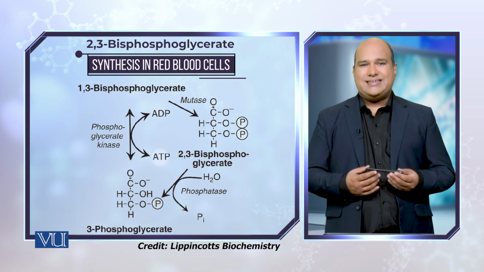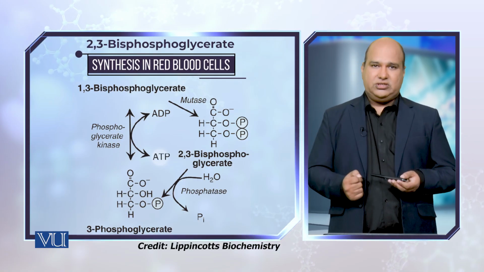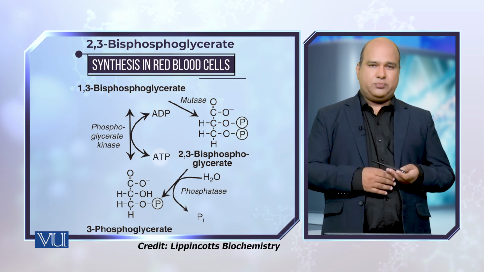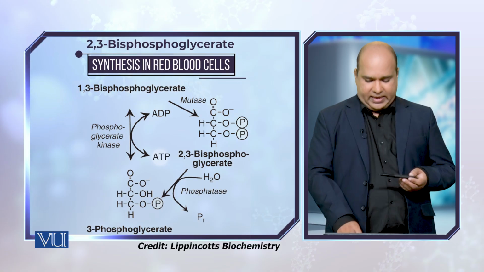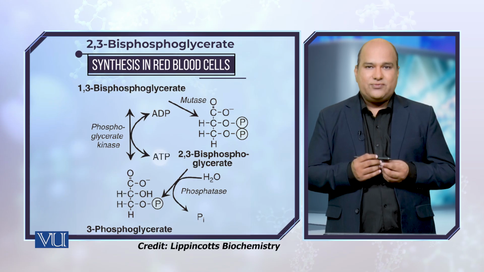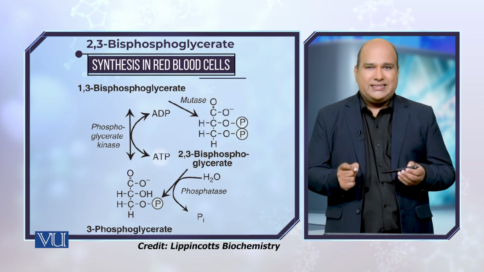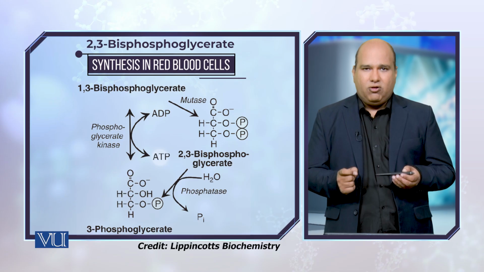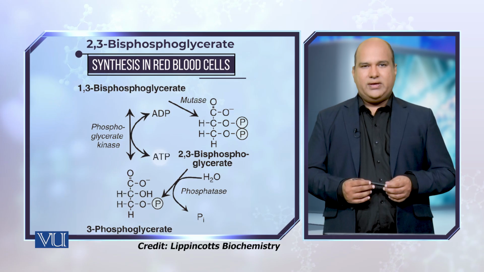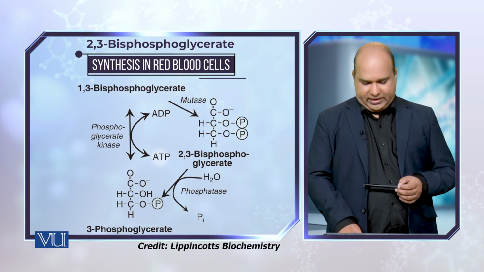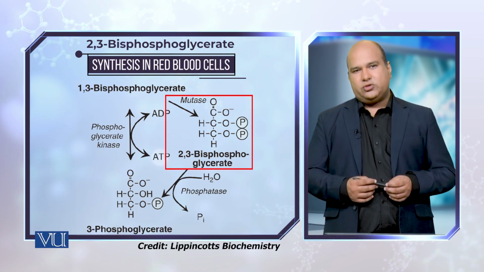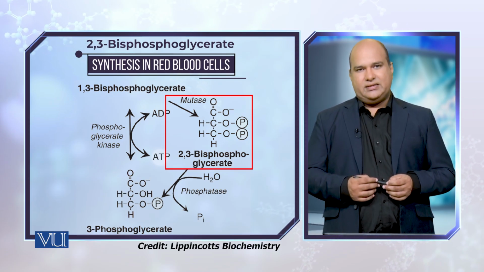You know, RBCs are specialized for carrying oxygen from one part of the body to another when the blood is transporting. 2,3-biphosphoglycerate in this way increases the efficiency of oxygen transportation. So, 1,3-biphosphoglycerate is converted into 2,3-biphosphoglycerate.